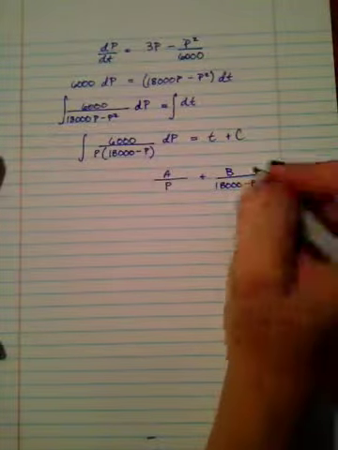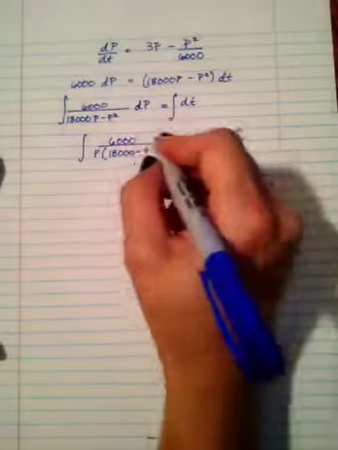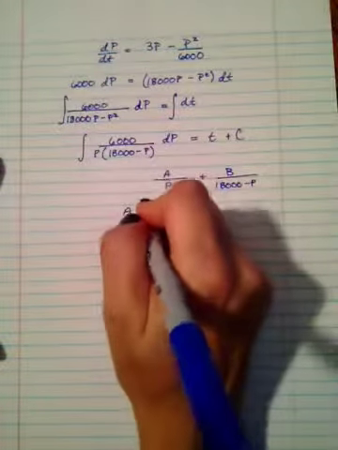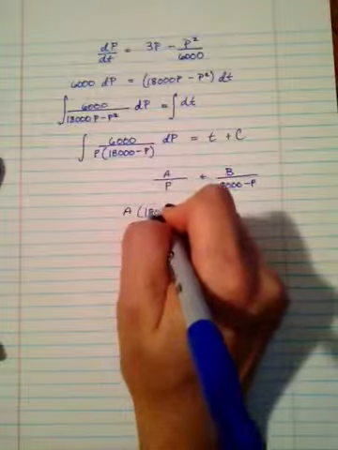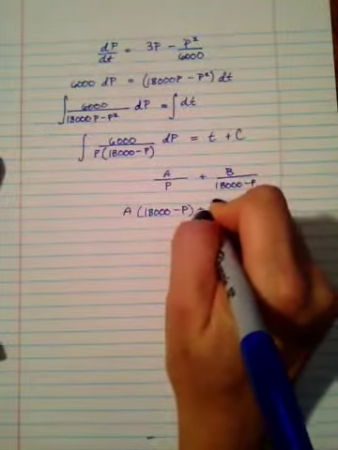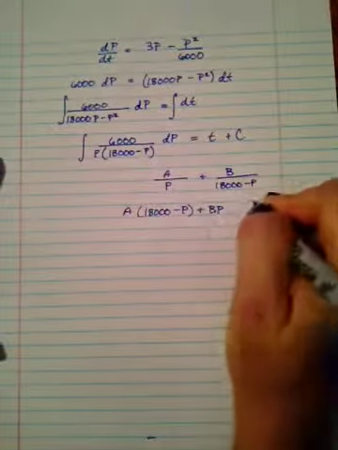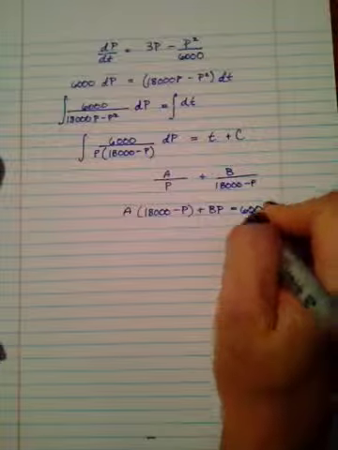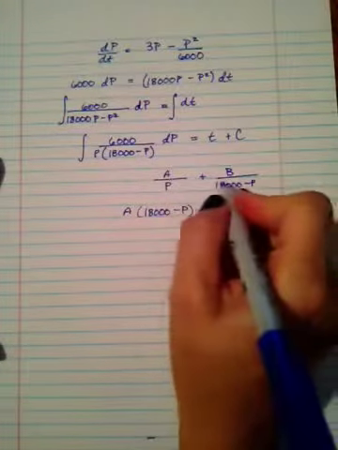And I'm going to figure out what my a and my b are to split this up. So I know that it's a times 18,000 minus p plus b times p has to equal 6,000. This would be the numerator if I actually got the common denominator.